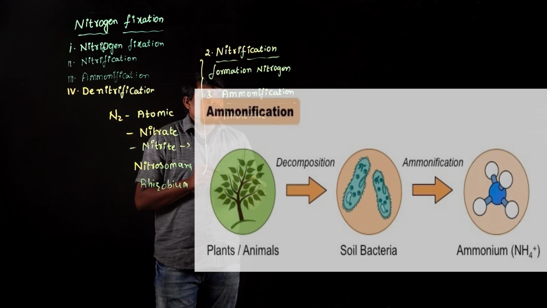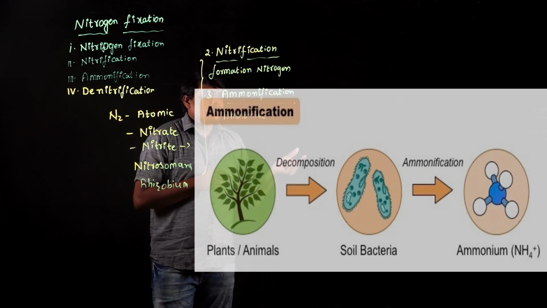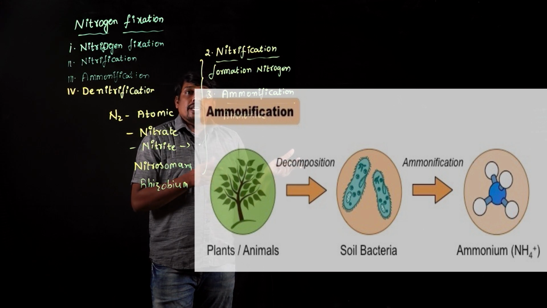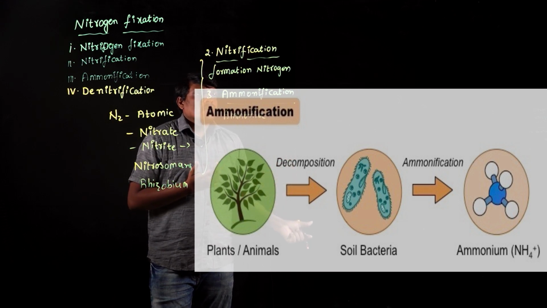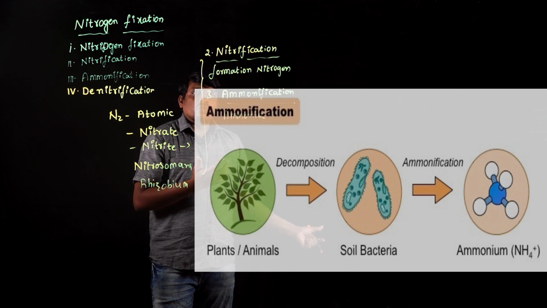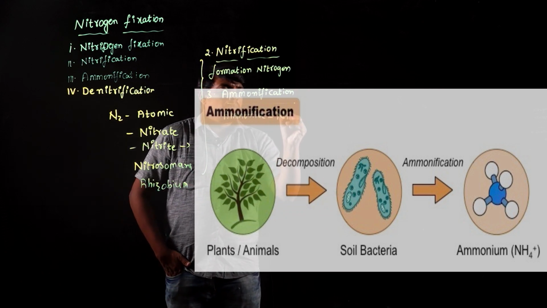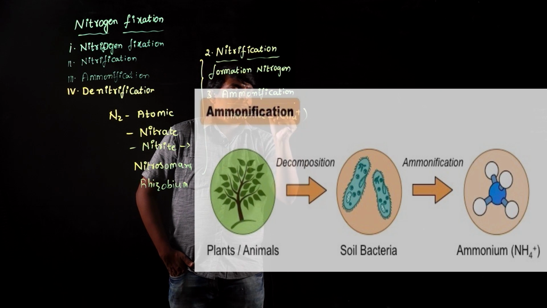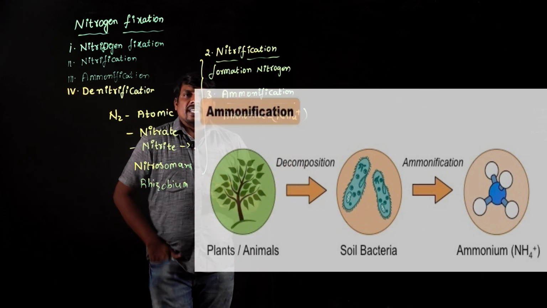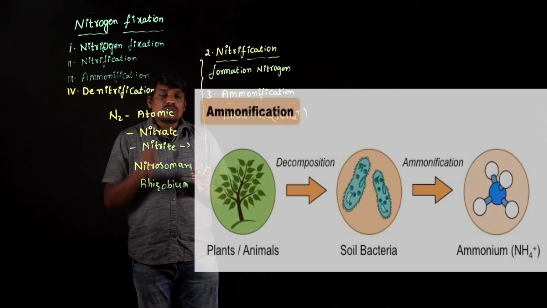During ammonification, you can see here decomposers play an important role. Decomposers or bacteria, during the process of decomposition, act upon these nitrogen components and convert them into a pure form of ammonia, as you can see NH4 plus, which is considered one of the forms of dissolved nitrogen in the soil.